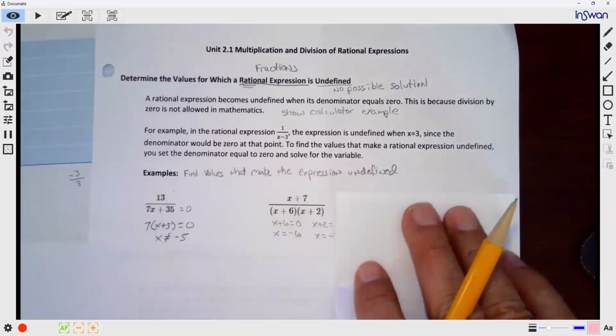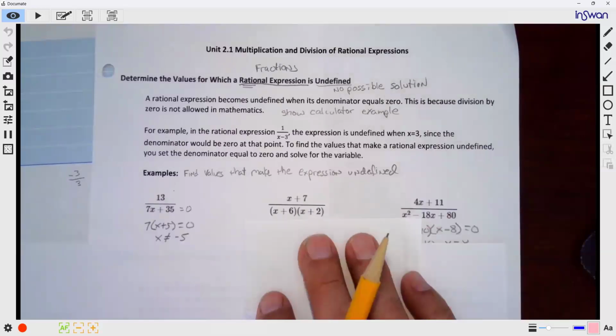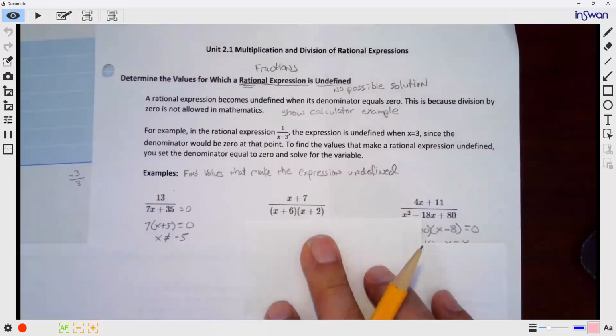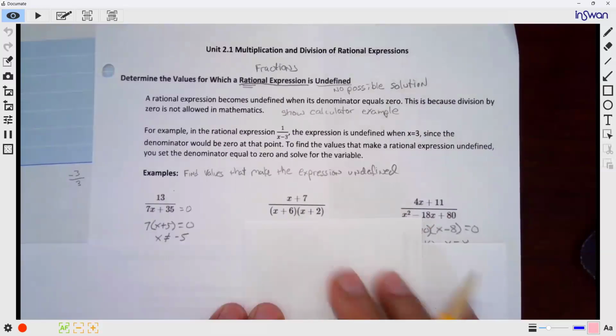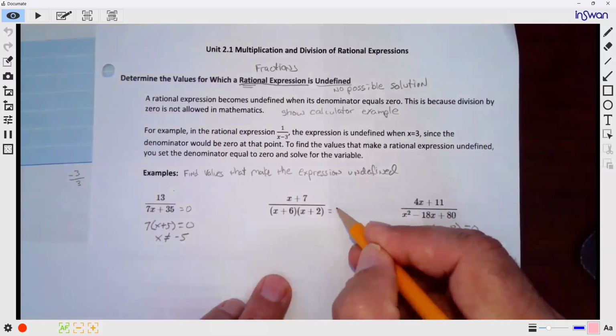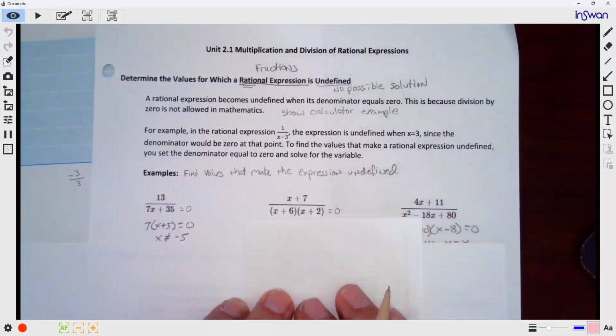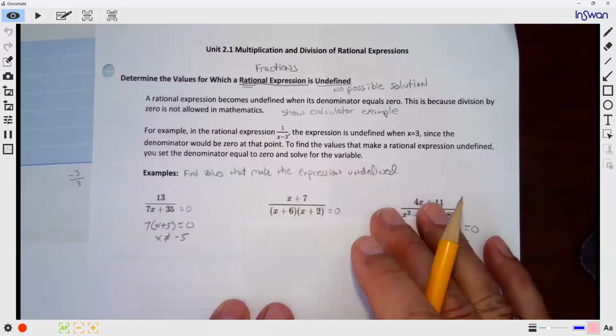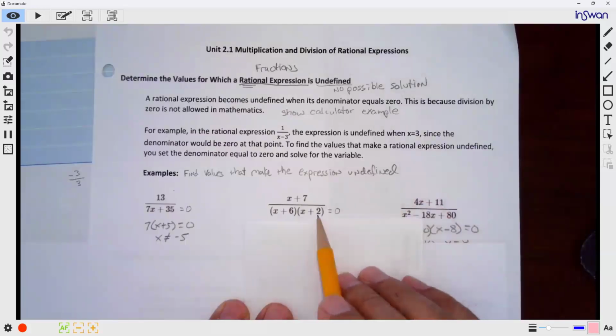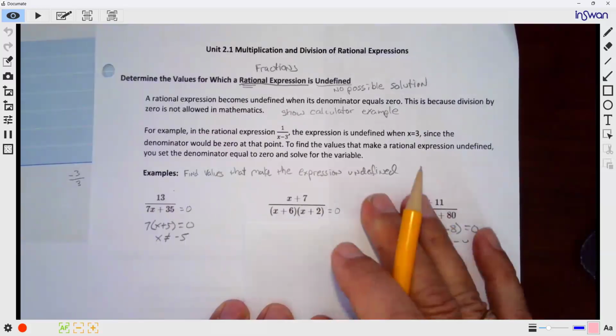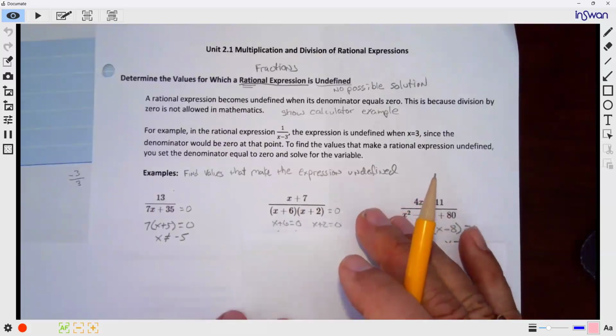You can see here on this next example that these two things are factored. We have already talked about solving quadratic equations by factoring: set it equal to 0, and then set each factor equal to 0. So if it's factored, we take each factor, set it equal to 0, and solve it.